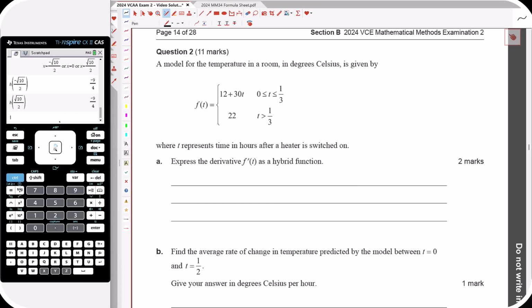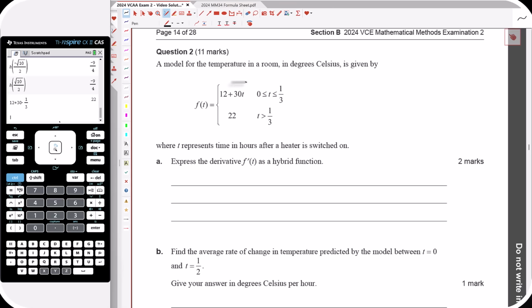Okay, so let's have a think about whether or not they meet at 1/3. Let's think about what this looks like. So when t equals a third, so 12 plus 30 times a third, I can do that in my head. That's going to be 12 plus 10, so it's going to be 22. So they will meet.